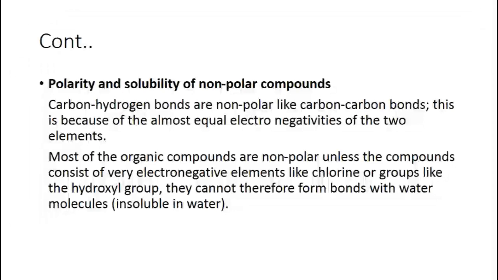Na hii electronegativity zinakuwa na variation mbalimbali, kwamba zinakuwa affected through the radius. Ukiangalia ile periodic table ilivyo, electronegativity as you cross the period, inakuwa inaongezeka due to the increase in the number of electrons.